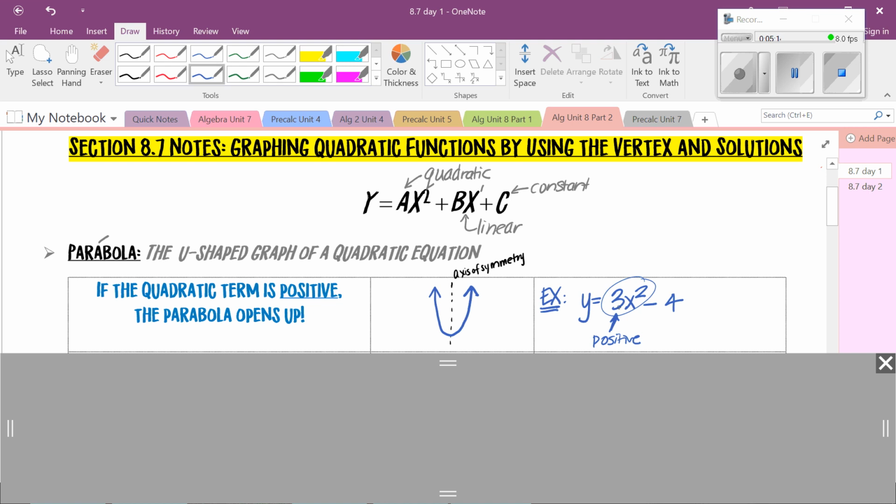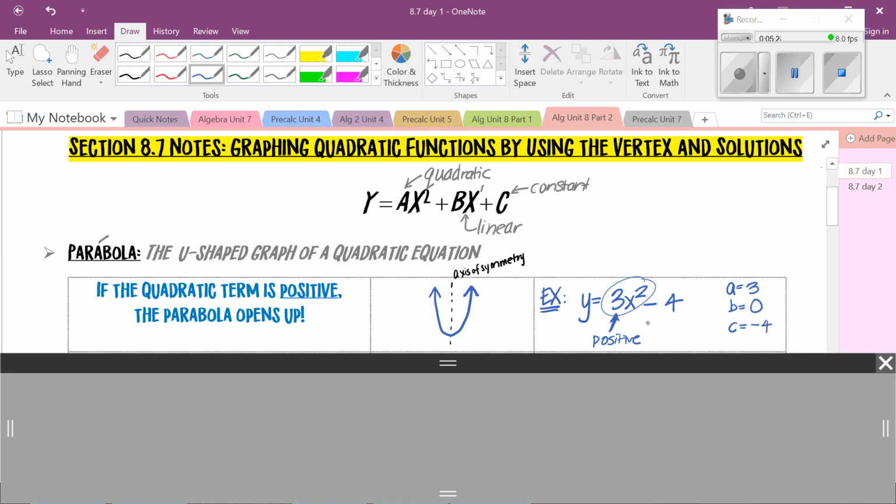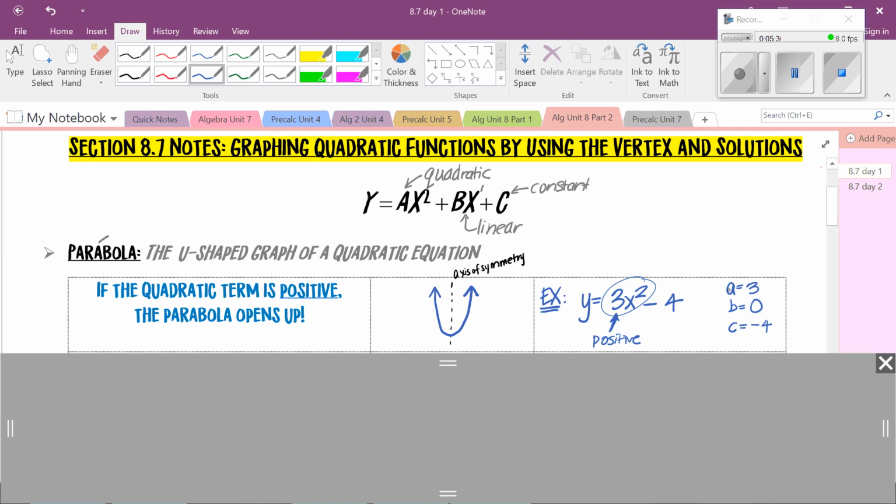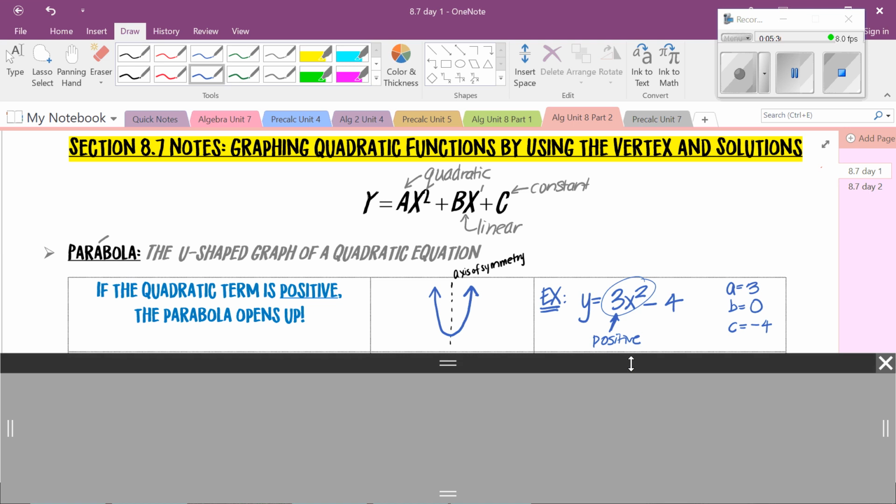It's got the a, which is next to the x squared, so a is positive 3. B is supposed to be with the linear term. Notice that it's missing the linear term, so that would be 0. And c, the constant term without a variable, would be negative 4. So if your quadratic term's coefficient, the number in front of your quadratic term, is positive, then you know that it's going to open up.